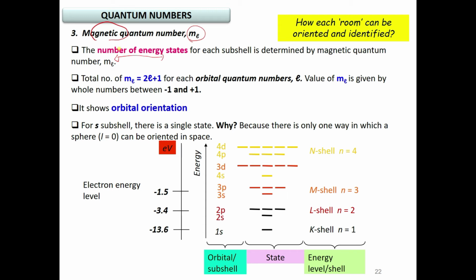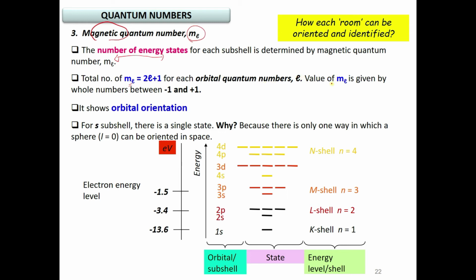So we should know, for each subshell, how many energy states it can have. The total number of magnetic quantum numbers can be calculated based on 2L plus 1 for each orbital quantum number L.